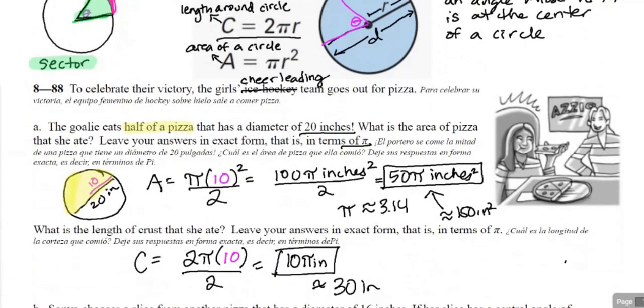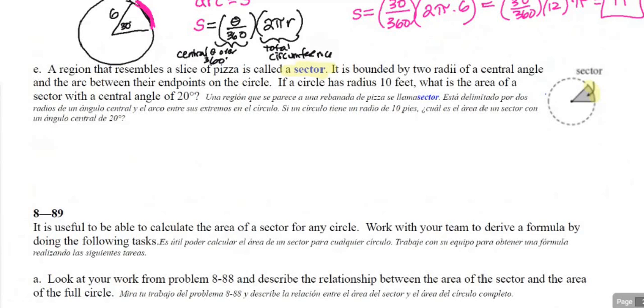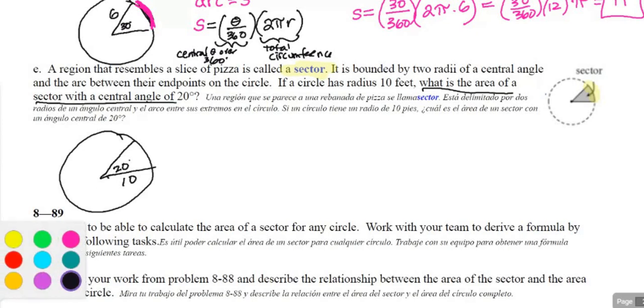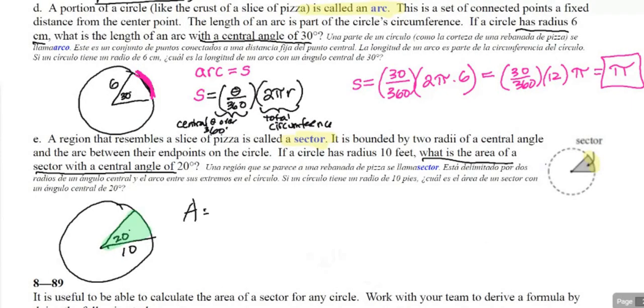Okay, let's do that problem now. So now we have a circle with a radius of 10 feet, a central angle of 20 degrees, and we want to know the area of that sector right there. What's the area of this sector? The area of the sector is going to be some portion of the circle. So here we have a circle with radius 10.